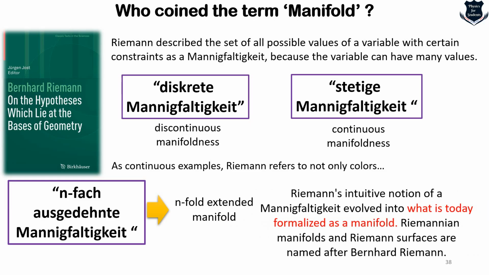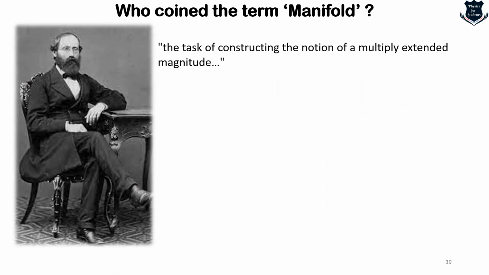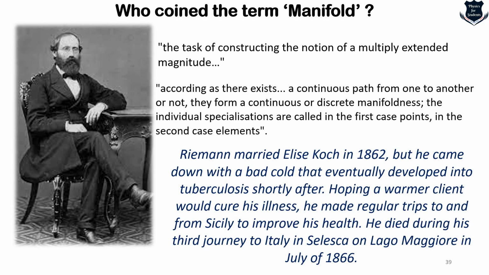Riemann's intuitive notion of this word actually evolved into what is called a manifold today, and Riemannian manifolds and Riemann surfaces are named after Bernhard Riemann. So we see that Riemann himself in his lecture used this word, which is almost synonymous with what is called a magnitude, saying that he set himself the task of constructing the notion of a multiply extended magnitude, and it involves different intuition when using this first word.